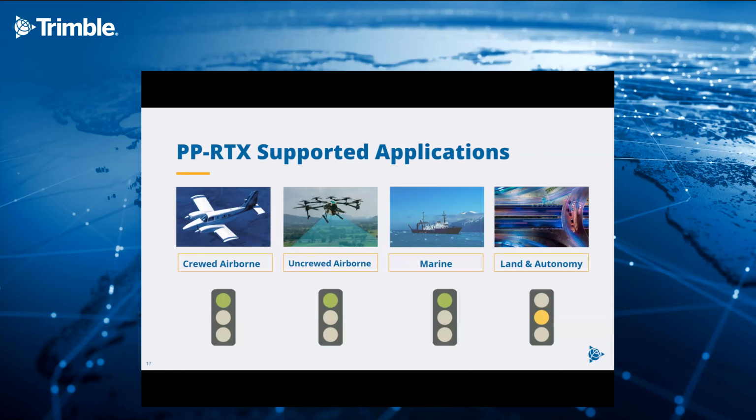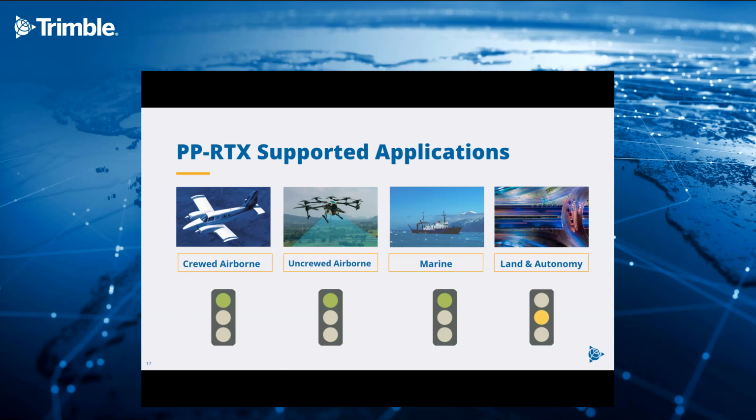But surely, also in regions with good GNSS-based coverage, it is a powerful alternative processing mode. Of course, uncrewed airborne, as we learned, is attractive for worldwide operation using our new Ion Fusion plus PP-RTX2 processing mode. For the marine business, that's specifically very attractive for offshore operations where you typically have no base stations around, but it's also used for nearshore applications, such as port surveys, etc.